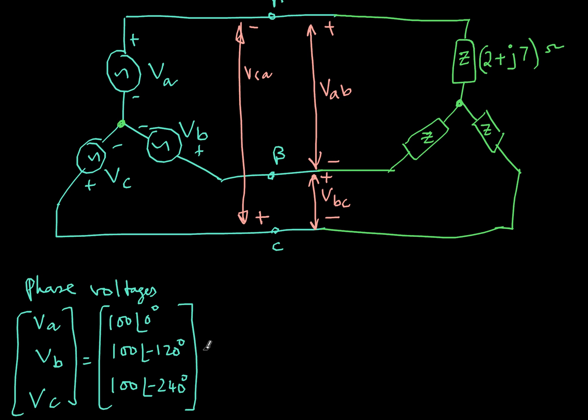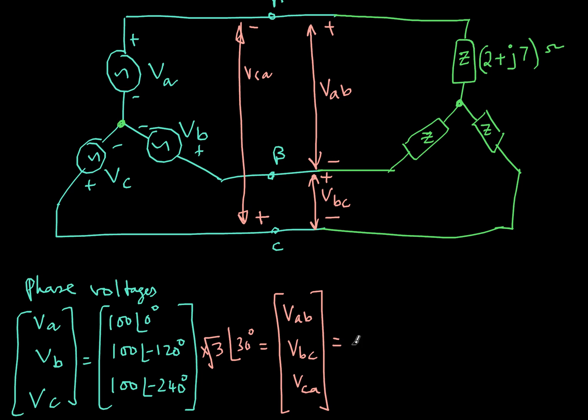Already we have learnt in previous videos how to convert. So what is VAB? If I multiply the phase voltage with square root of 3 with angle of 30 degrees, then I will get the line voltages, that is VAB, VBC and then VCA. So root 3 is 1.732 into 100 will be 173.2.